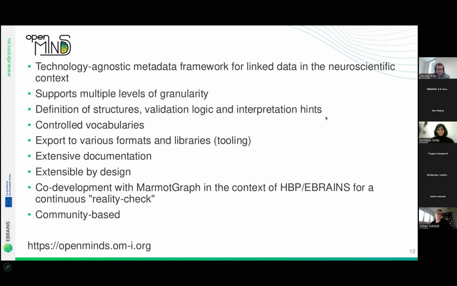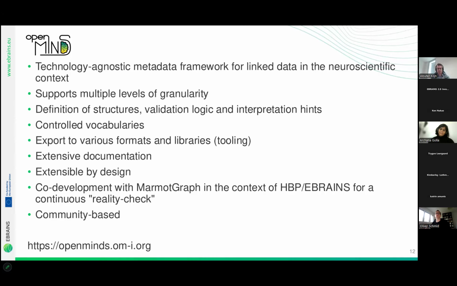Open Minds allows you to define the structure, the validation logic, and some interpretation hints. So it means that it's not just yet another schema that tells you this is the property ABC that you could use, but it also allows you to say, okay, that's the validation logic, that's the valid values. And additionally, it gives hints for the consuming systems. Why is this nice?